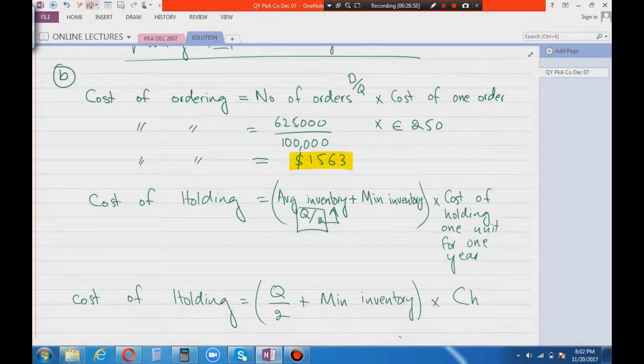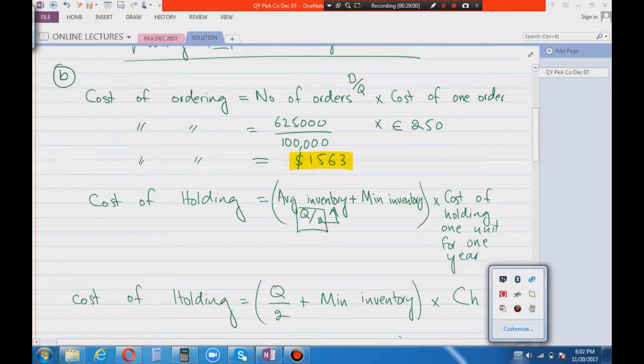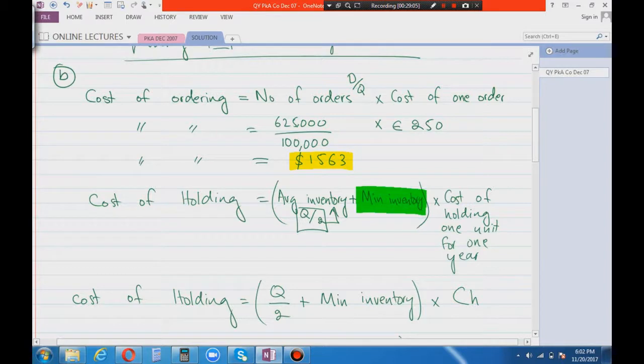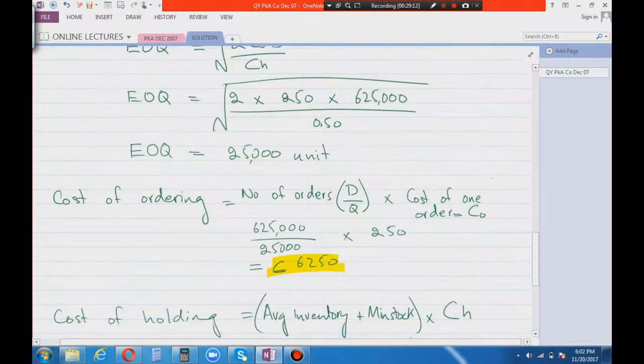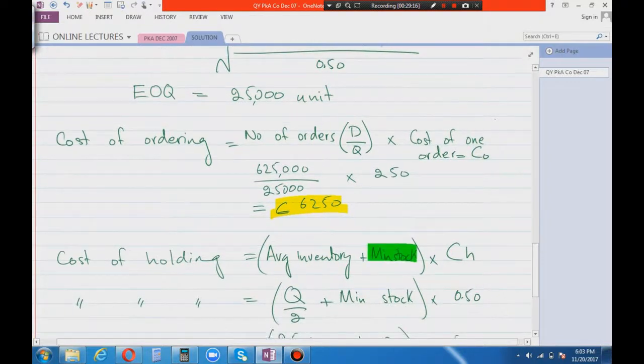if you see, you have been given minimum inventory in both economic order quantity and our current ordering policy, right? In other words, we can say that the minimum inventory would be the same. This is not going to change, by the way we order our inventory. Minimum inventory would be the same.